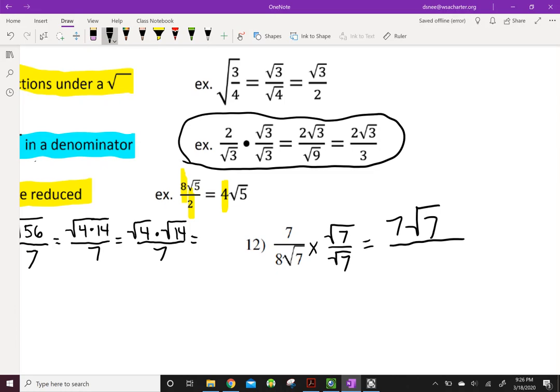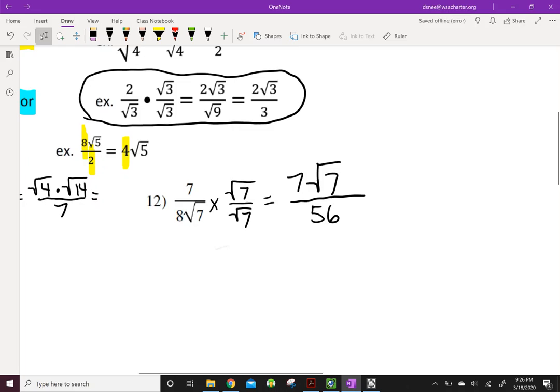And then in the denominator, I do the same thing. 8 times the square root of 7 times the square root of 7. And the square root of 7 times the square root of 7 is 7, times 8 is 56. Now I know that 56 is divisible by 7.